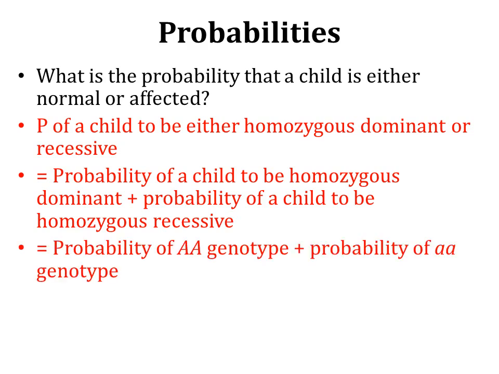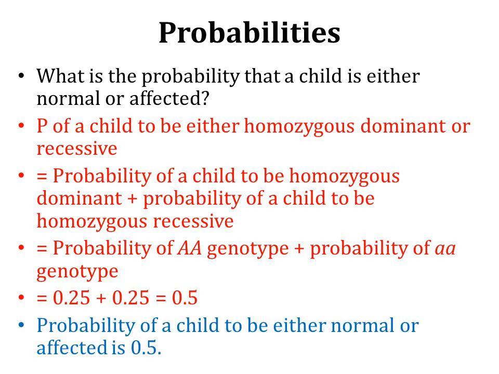So the probability for a child to be homozygous dominant is the probability of the homozygous dominant genotype, and probability of a child to be homozygous recessive is the probability of the homozygous recessive genotype. So what are these respective probabilities? This is 0.25 plus 0.25 equals 0.5. So the answer to this question is, probability of a child to be either normal or affected is 0.5.